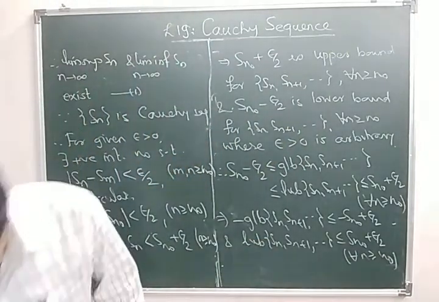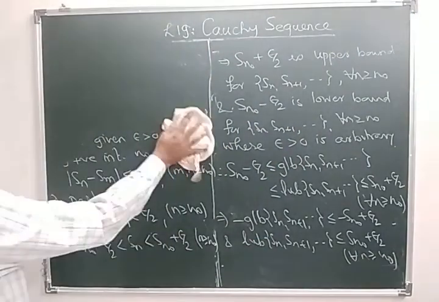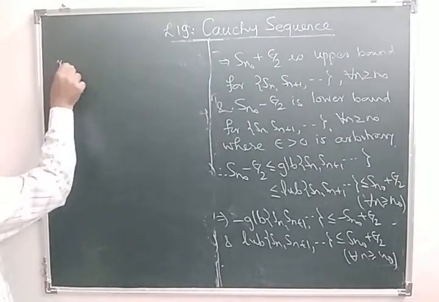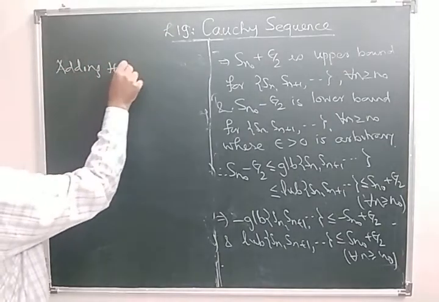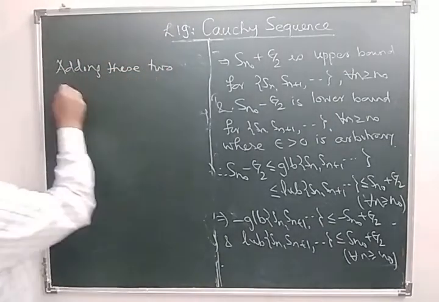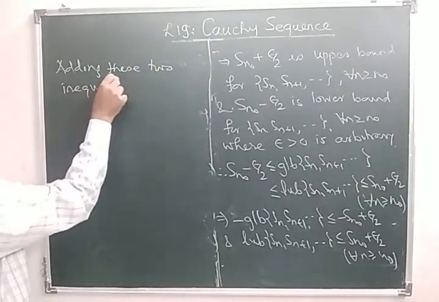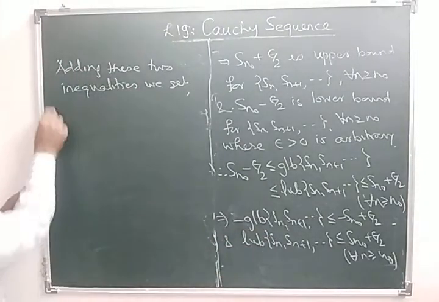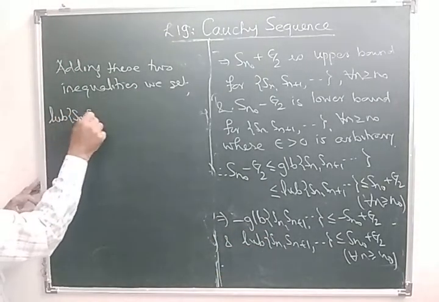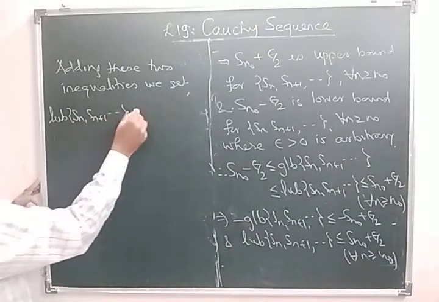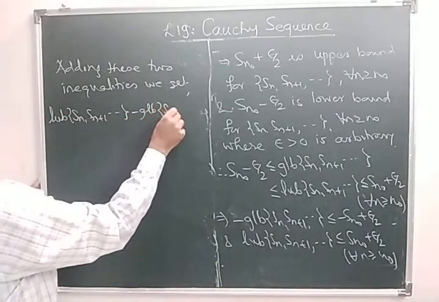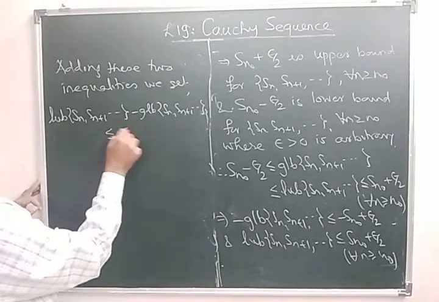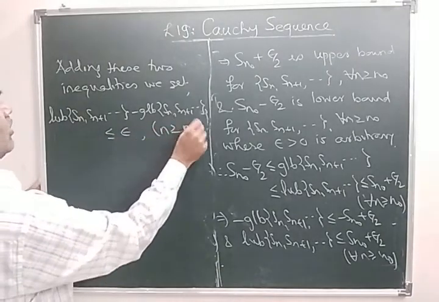Adding these two inequalities, we get least upper bound of Sn, Sn plus 1 and so on minus greatest lower bound of Sn, Sn plus 1 and so on is less than equal to epsilon for any n greater equal n naught.